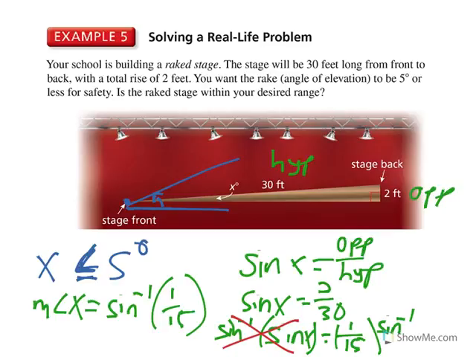So I'm going to plug that into my calculator. And so when I do that, I get the measure of angle x is equal to 3.8 degrees. Okay, so is 3.8 degrees less than or equal to 5? Yeah, right? It's less than. So it asks us, is it within your desired range? Our answer up here would be yes. It's only 3.8 degrees of a rise.